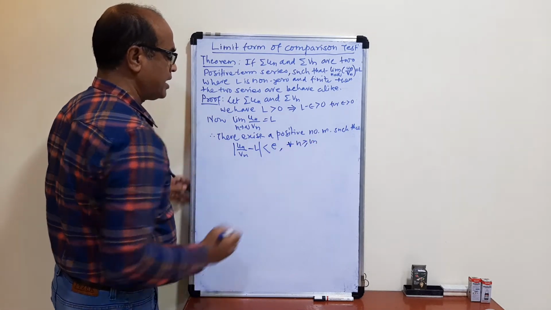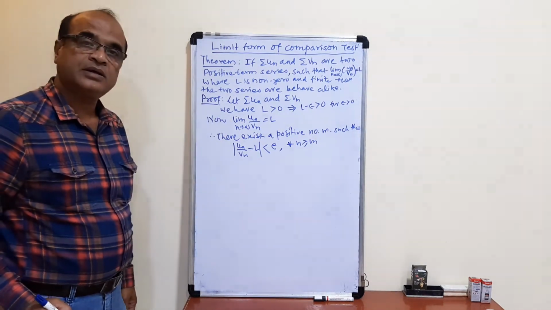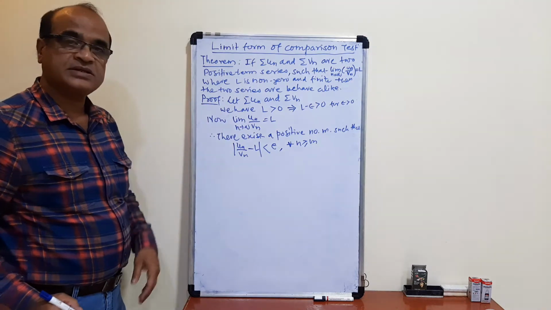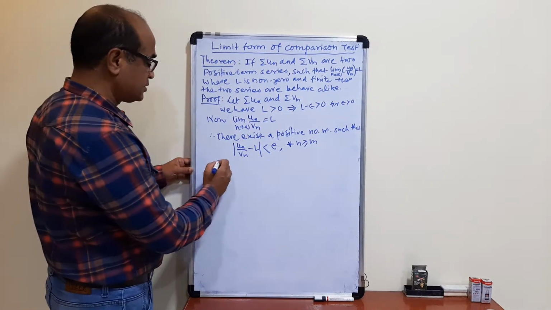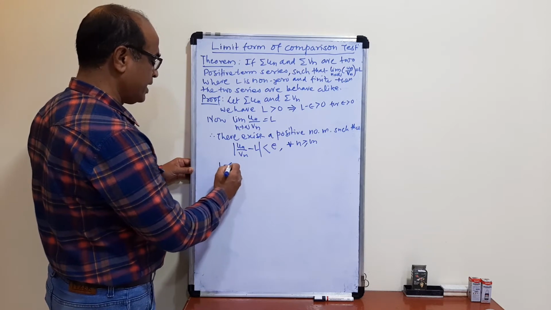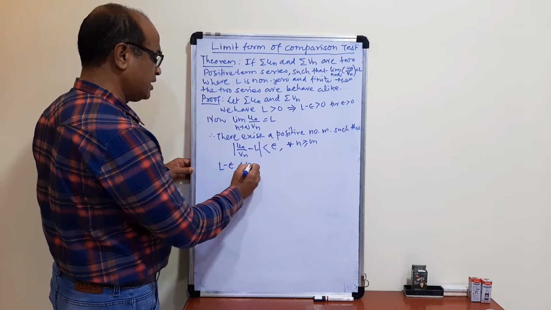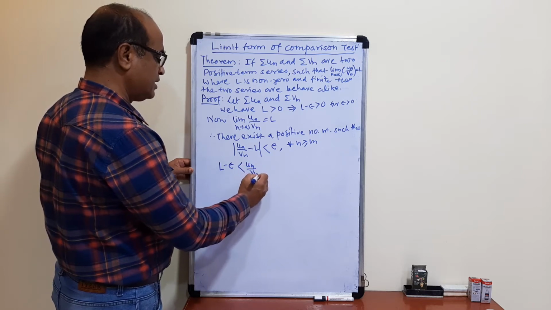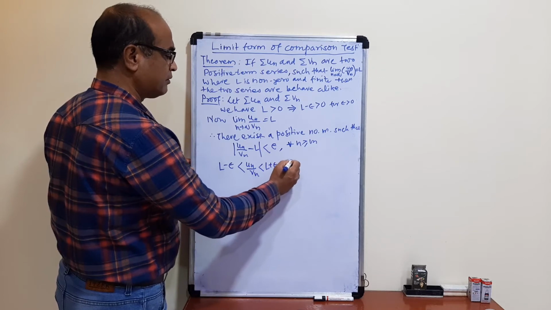This implies that L minus epsilon is less than un divided by vn, which is less than L plus epsilon, for all n greater than or equal to m.